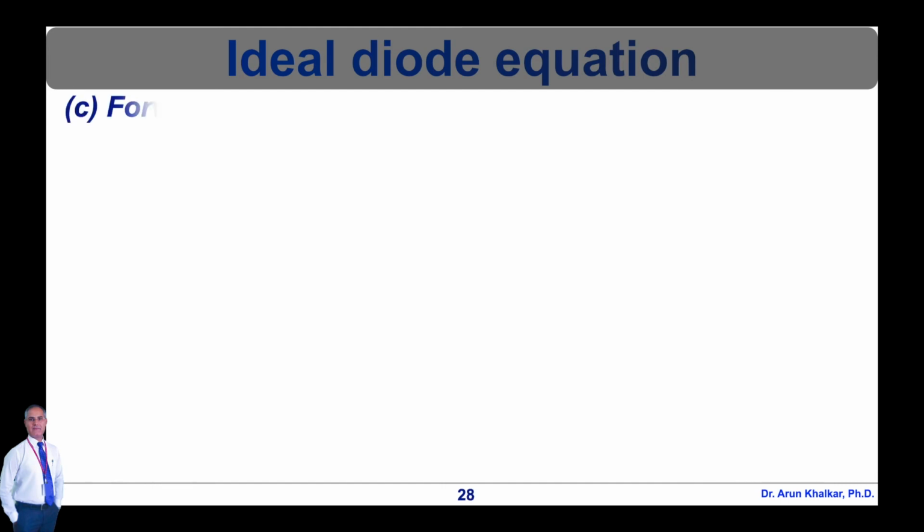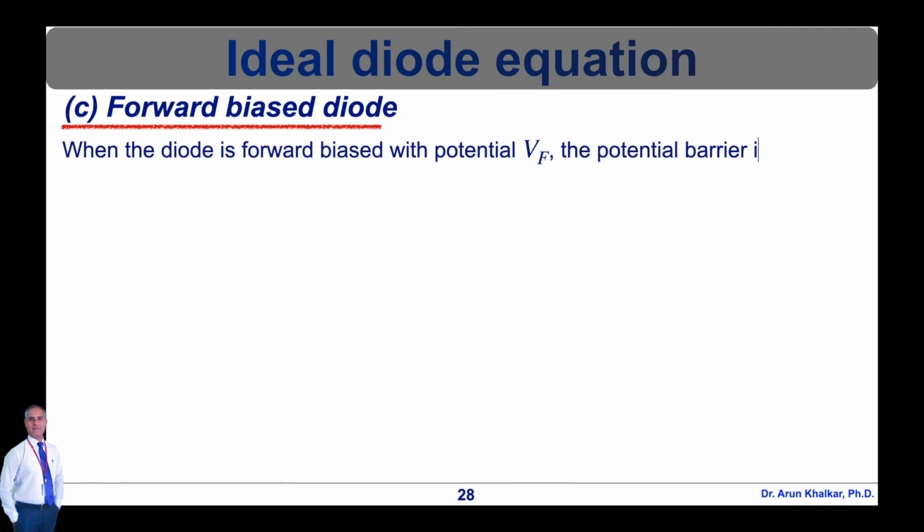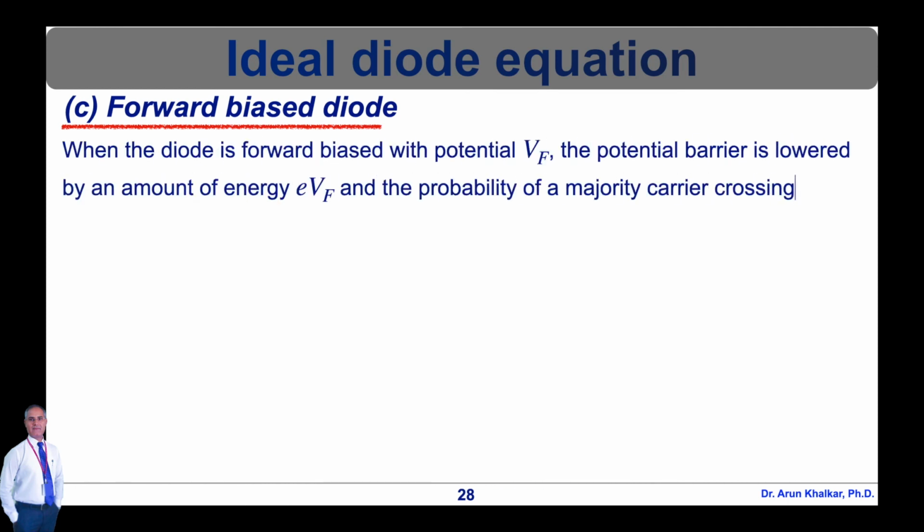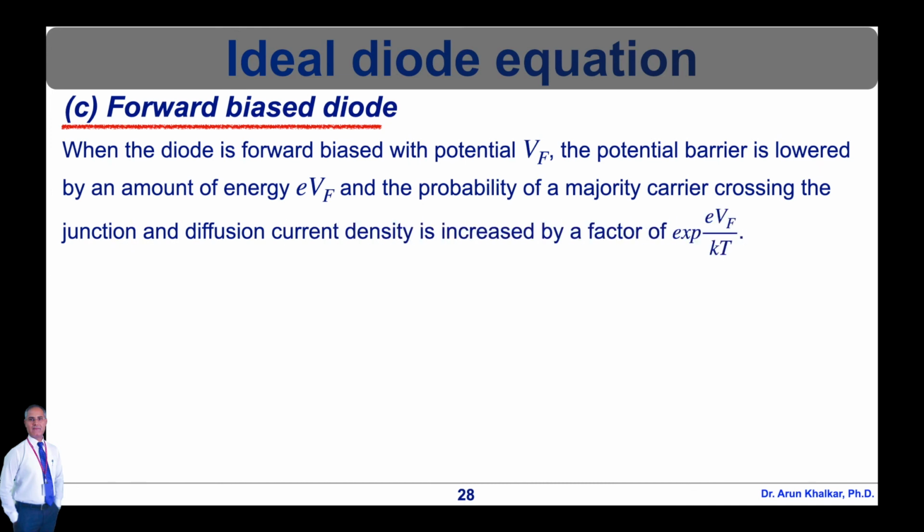Therefore, for a forward biased diode, when the diode is forward biased with potential capital V subscript capital F, this is the forward potential. The potential barrier is lowered by an amount of energy eVF, and the probability of a majority carrier crossing the junction and the diffusion current density is increased by a factor of exponential of eVF upon KT.